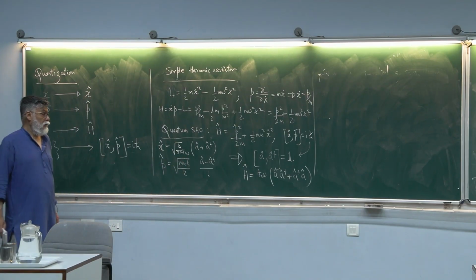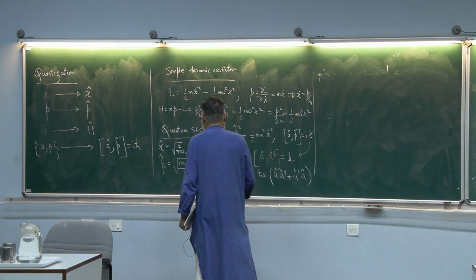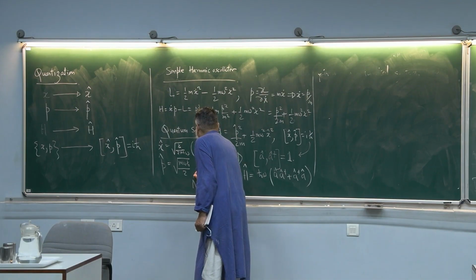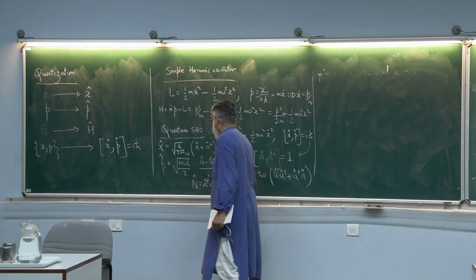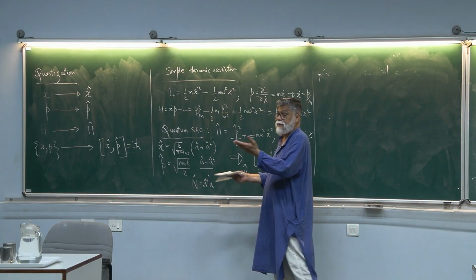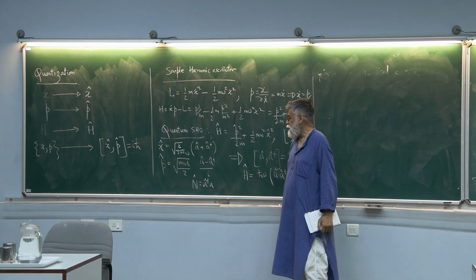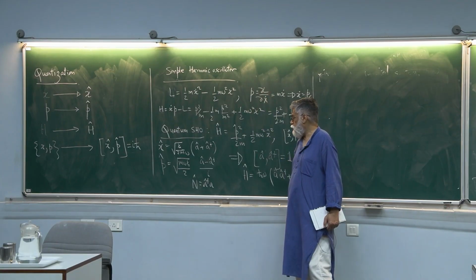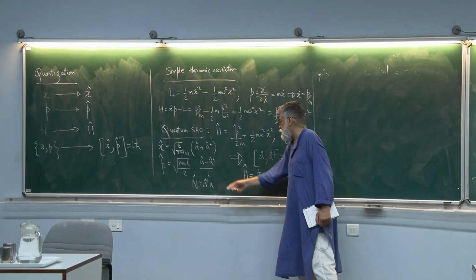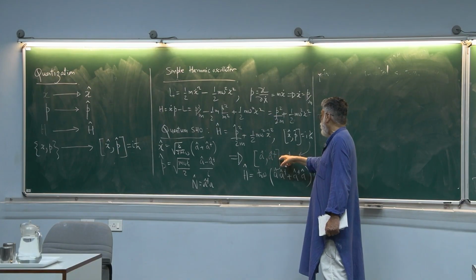And from this you can immediately find out, and there is something more. You can define an operator n which is A dagger A, whose eigenvalues, you can prove, are integers. So it will give you the level of the energy eigenvalue. So H can also be expressed in terms of A dagger A. Why? Because the commutator of A and A dagger is 1, meaning A A dagger minus A dagger A is 1.